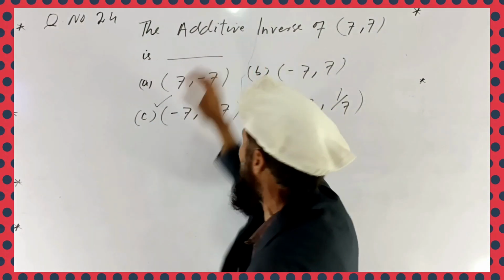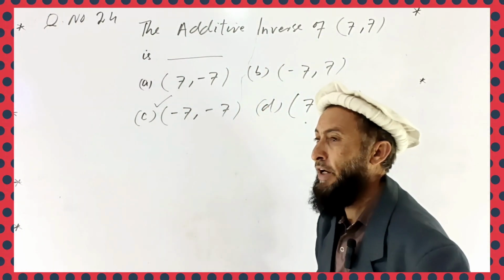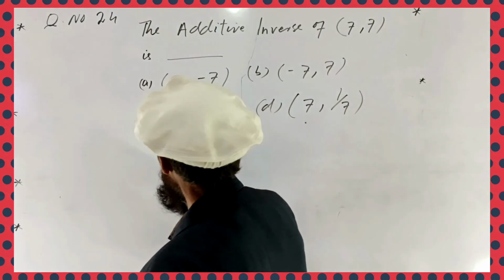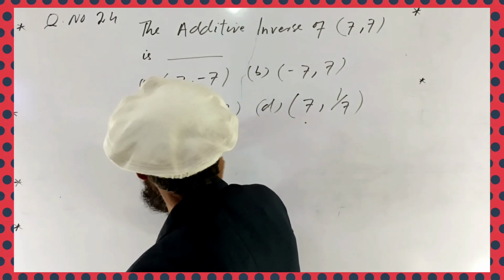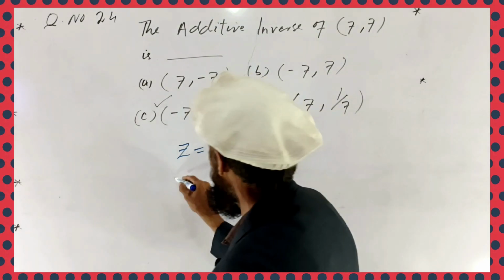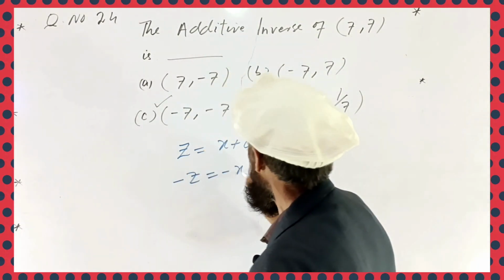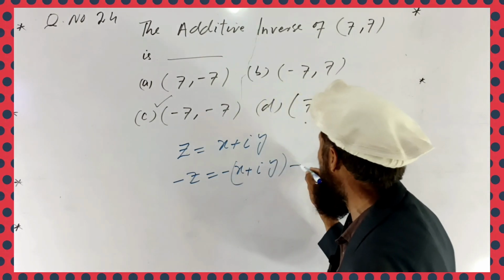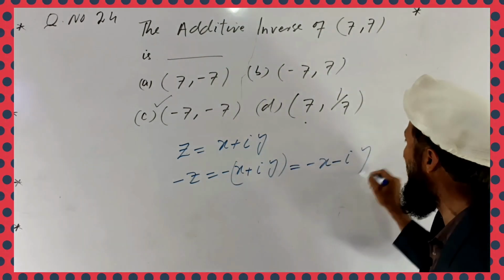Additive inverse means that if we add the two numbers, the result will be equal to 0. For example, z is equal to x plus iota y, so minus z is equal to minus x minus iota y.